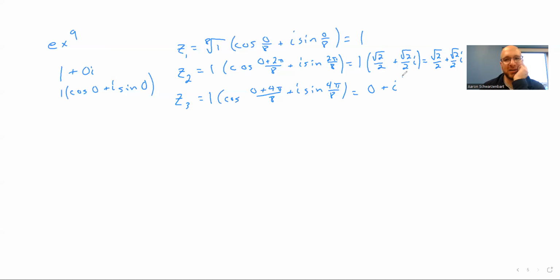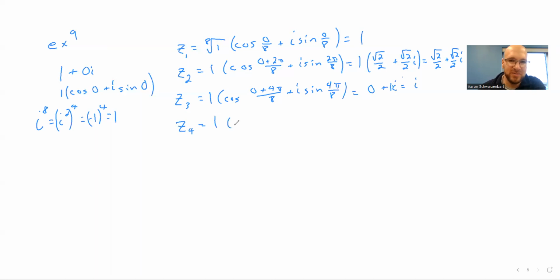The sine is 1, or just I. I'm going to show you here that I to the 8th is I squared to the 4th. Remember, I can multiply the exponents. I squared is -1, and -1 to the 4th is 1. That's a pretty easy one to show.